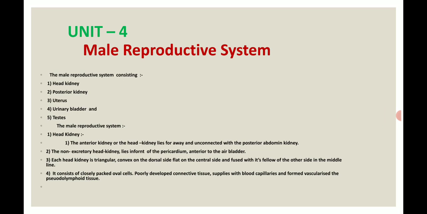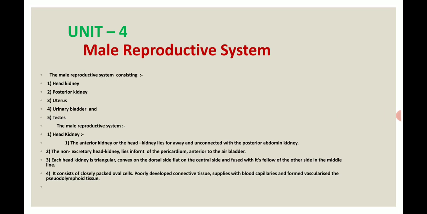First is the head kidney. The anterior kidney or head kidney lies far away and unconnected with the posterior abdominal kidney. The non-excretory head kidney lies in front of the pericardium, anterior to the air bladder.